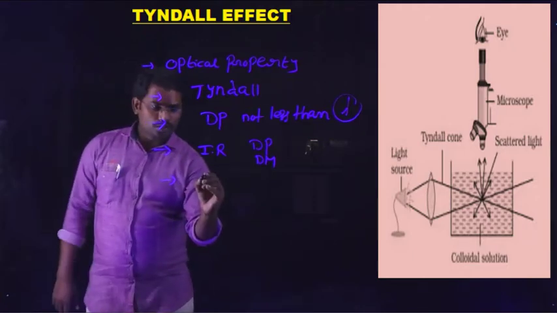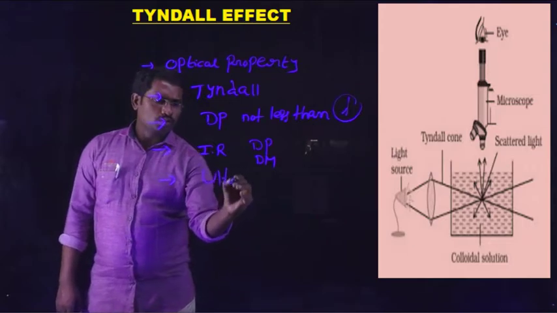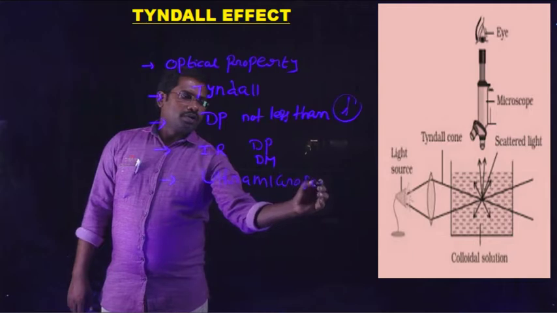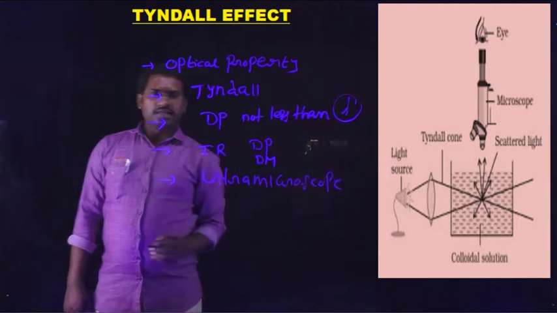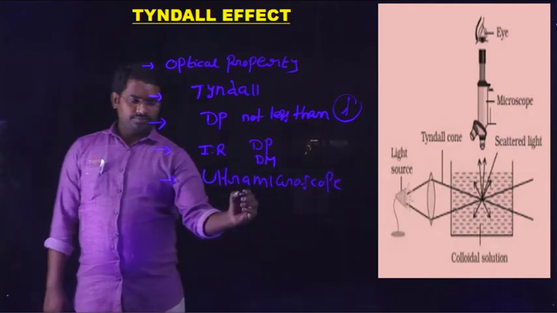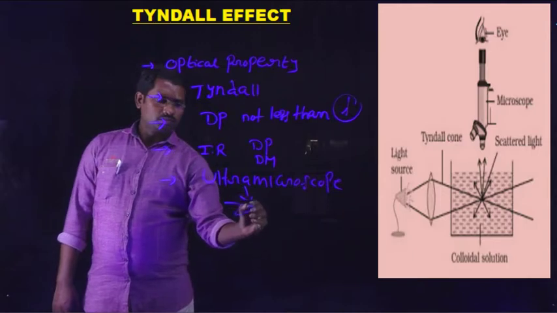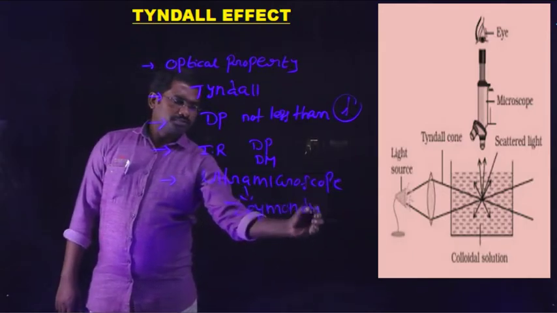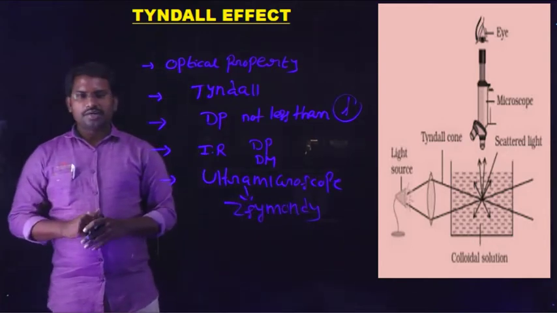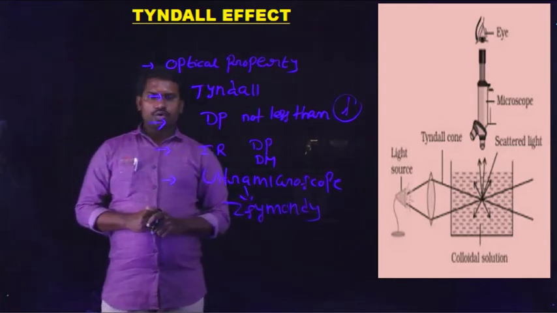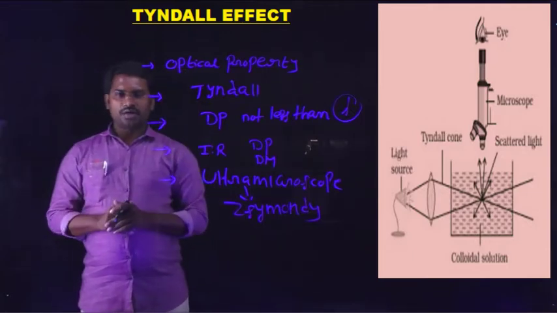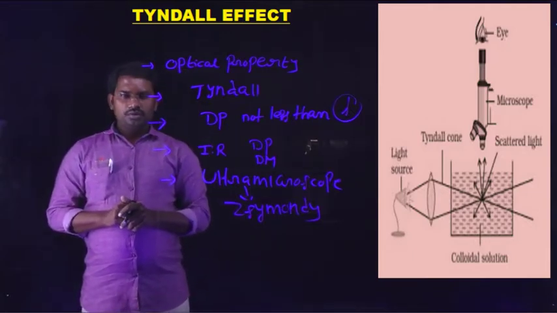The ultra microscope was designed by the scientist Zsigmondy. Zsigmondy proposed the instrument of the ultra microscope. With the help of the ultra microscope, we clearly see the phenomenon of the Tyndall effect.